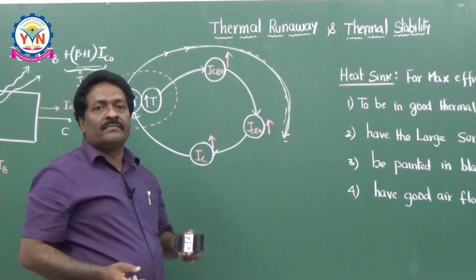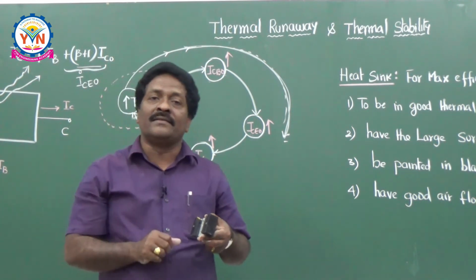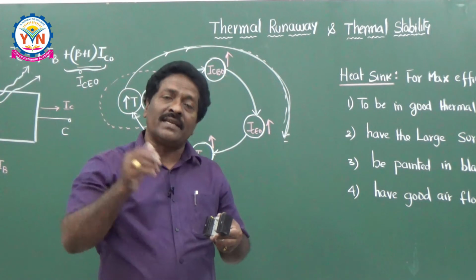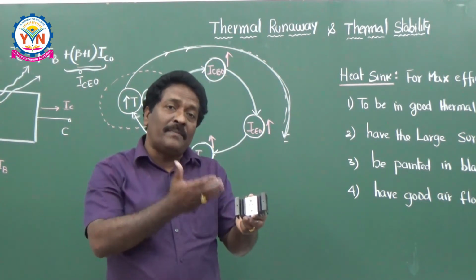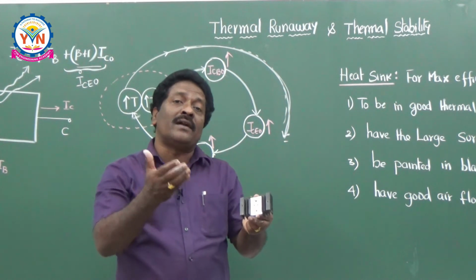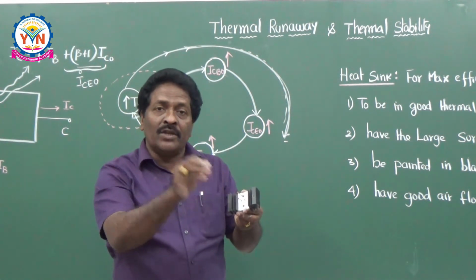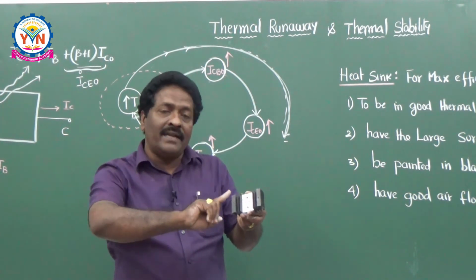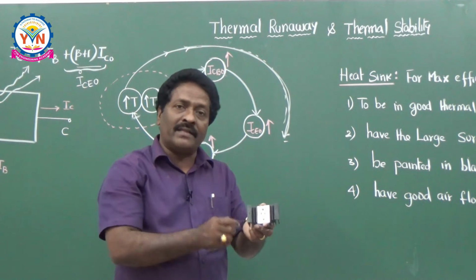Of course, we have taken so many measures while designing the biasing techniques. We have provided compensation techniques, but for some applications those techniques also may not help you. So whenever the power is more at the collector junction, your duty is to see that the entire power is dissipated to the surroundings immediately by providing heat sinks.